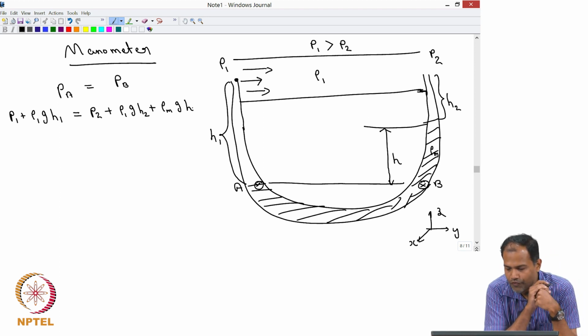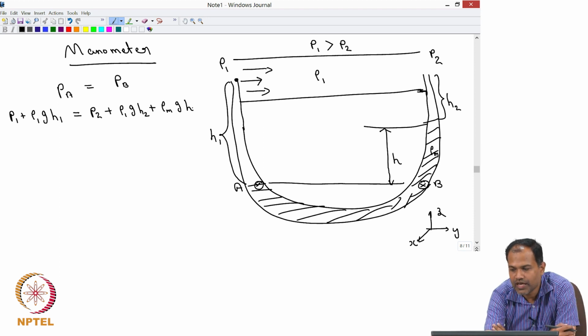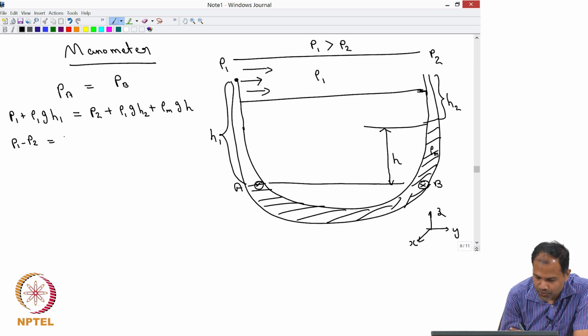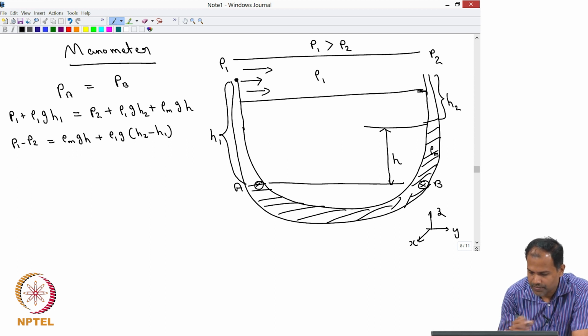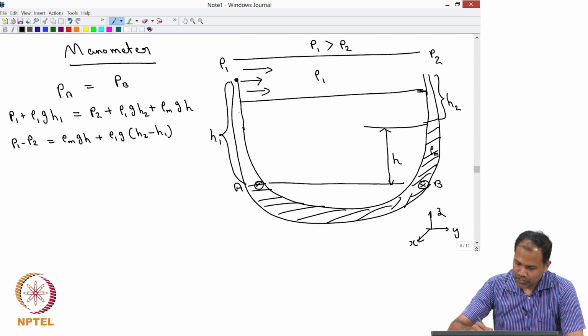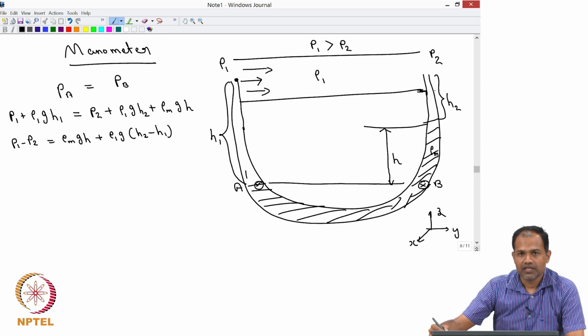So, this is the pressure balance at point A and at point B, and our interest is to calculate P 1 minus P 2. So, I will write P 1 minus P 2 is equal to rho m G H plus rho 1 G into H 2 minus H 1. Now, if you look at this, this is H 1, this height is H and this height is H 2.